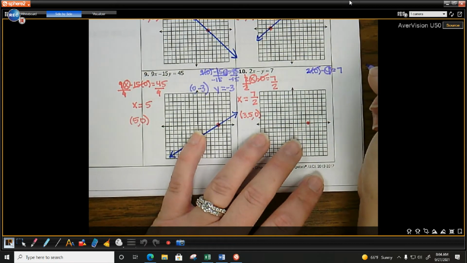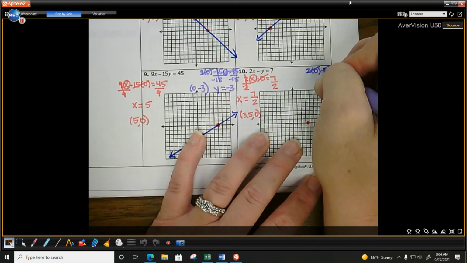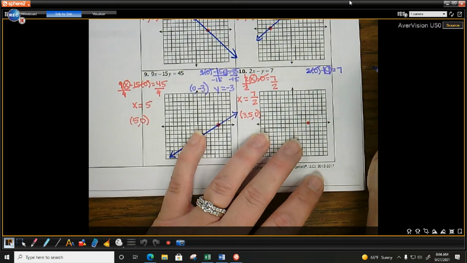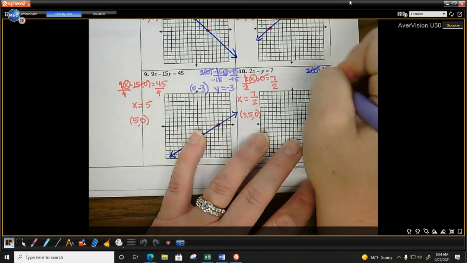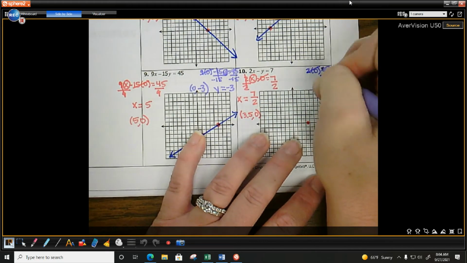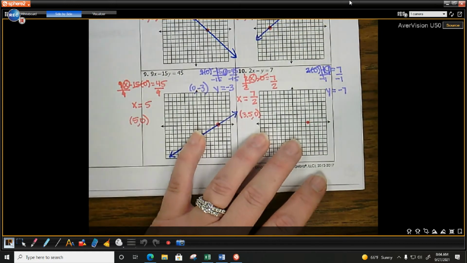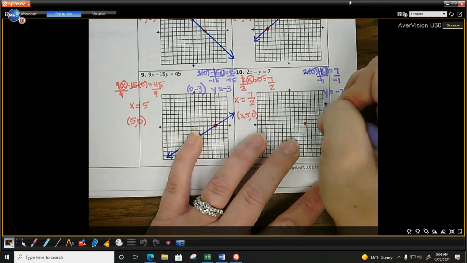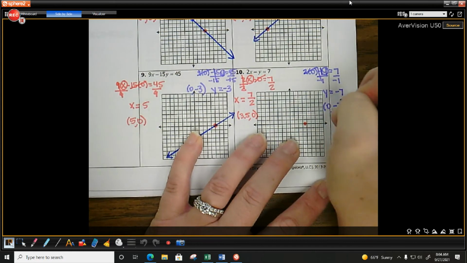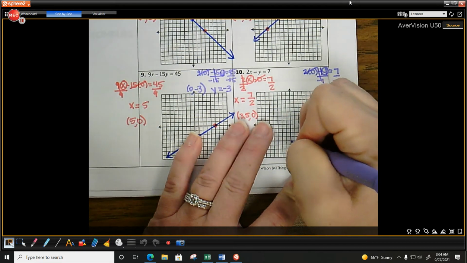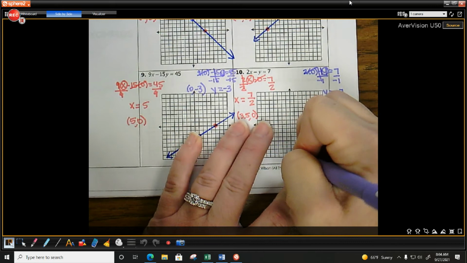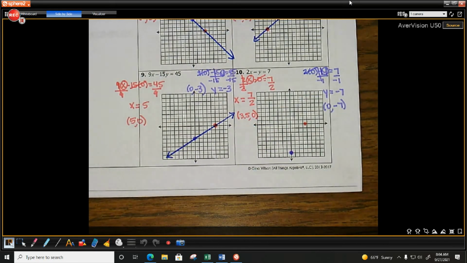So if it's a negative, what's your coefficient? -1. So how do I get the -1 away from the y? Divide by -1, and we get y equals -7. How do you write that as an ordered pair? 0, -7. Go down to -7. And draw your line.